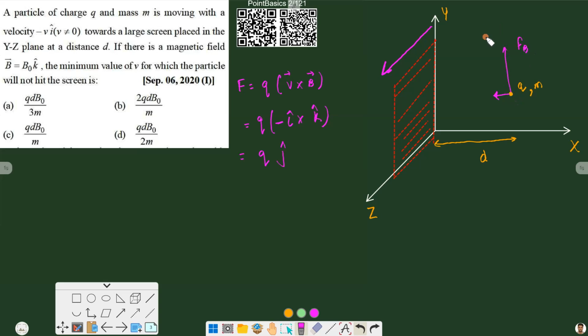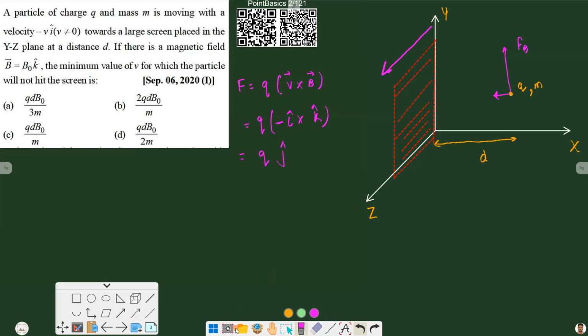Now, if we want this particle to not hit the screen, what will happen? As this particle has velocity in the x direction and force acting in the y direction, it will acquire velocity in both x and y. And when a magnetic force acts on a particle, it starts rotating in a circle.